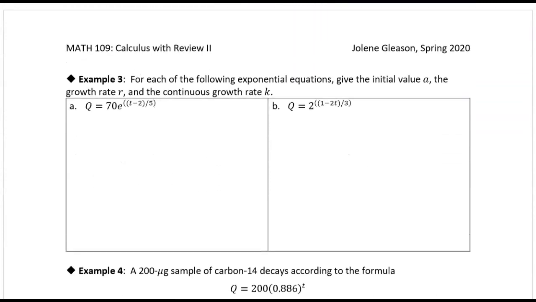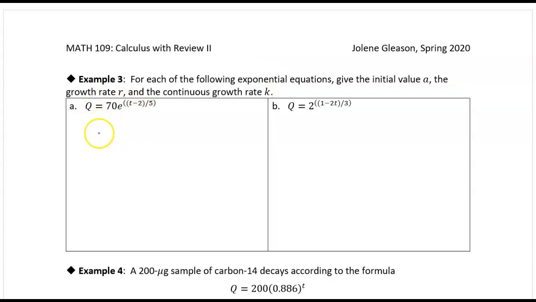Okay, these are a little different. It's really the same question though. It's asking for these exponential models, we want to find the initial amount, the growth rate, and the continuous growth rate. But they're not in either one of the forms that I showed you earlier. These are different.